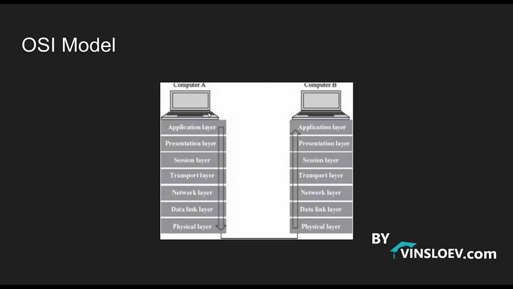So this is how the OSI model works. It starts from the top at one end and goes all the way down, and it goes from the bottom up at the other end.